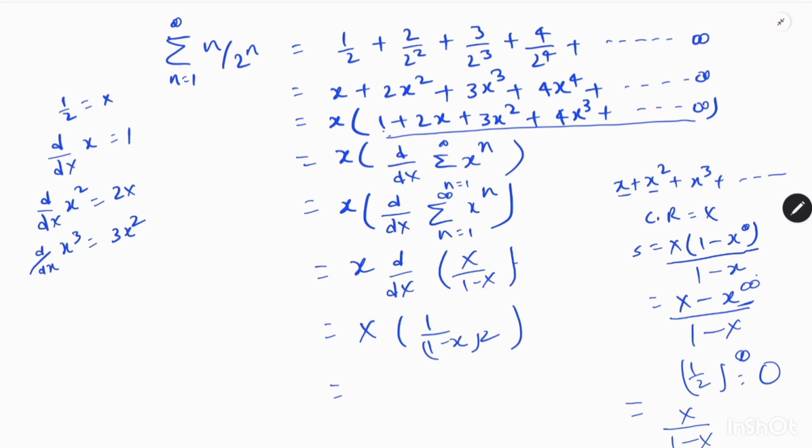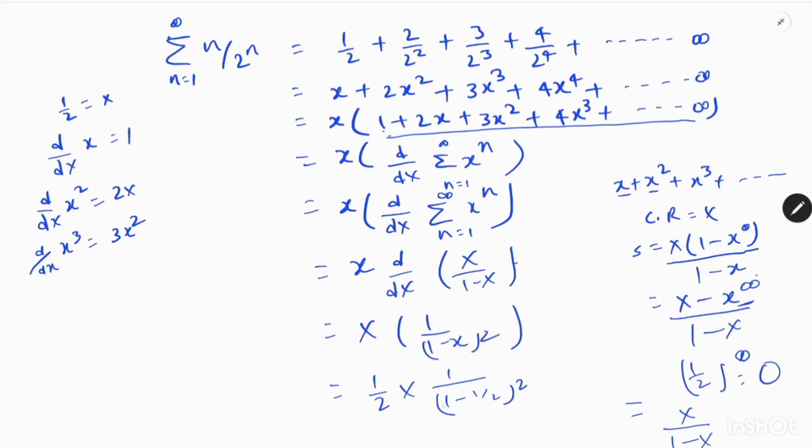Okay, so now you have a simple expression in terms of x, and you already know the value of x, so you simply put the value of x into this, and you will get the answer. So it is 1 by 2 into 1 by 1 minus 1 by 2 whole square.